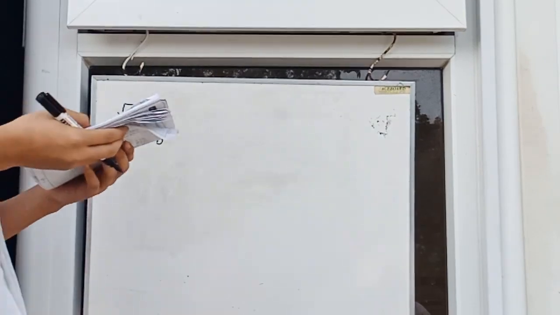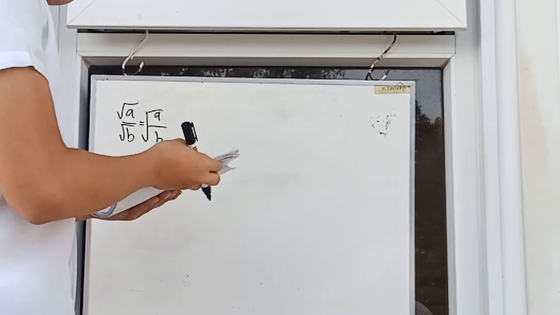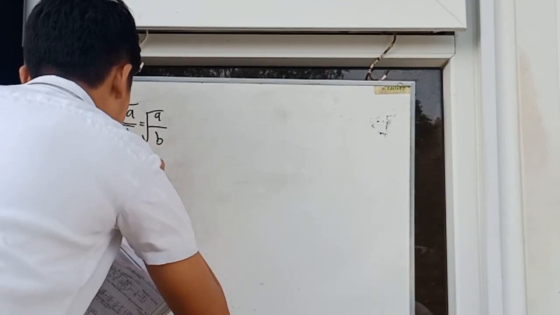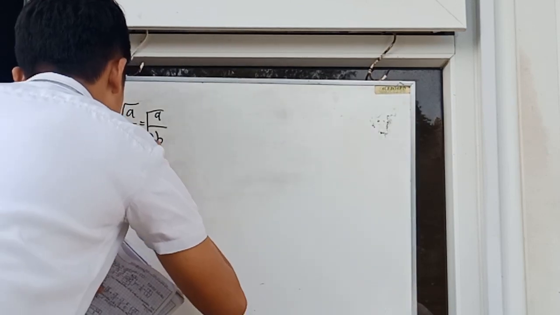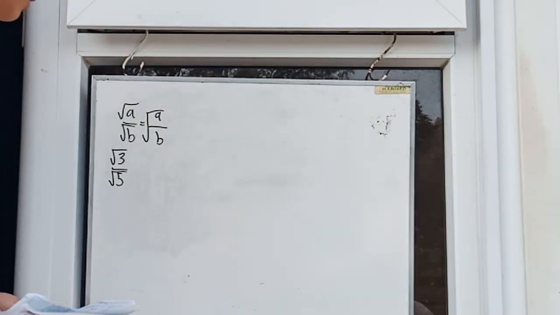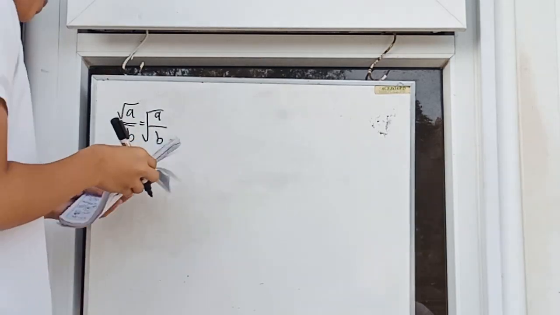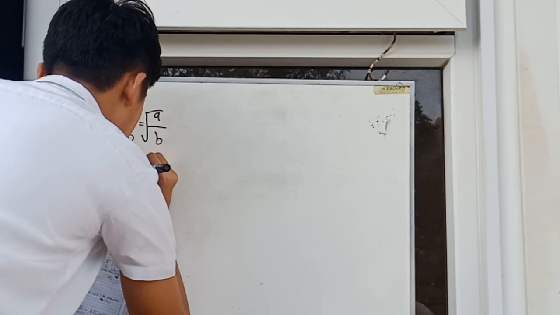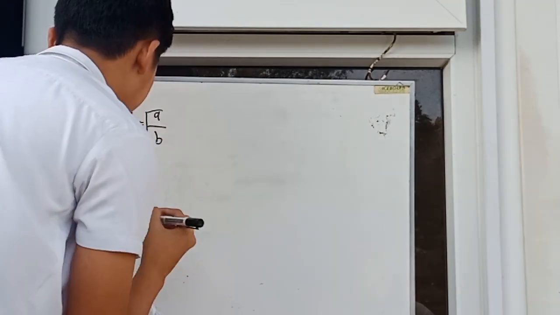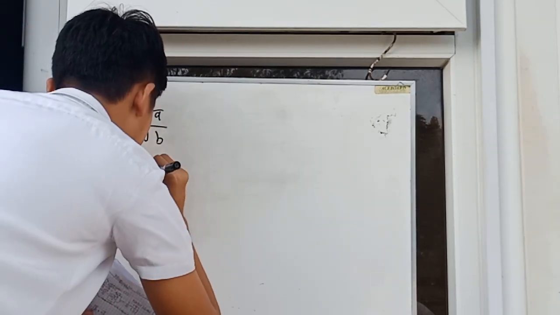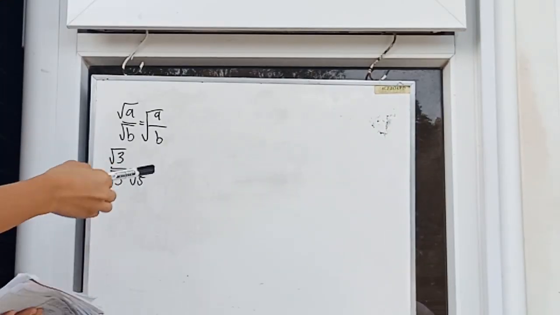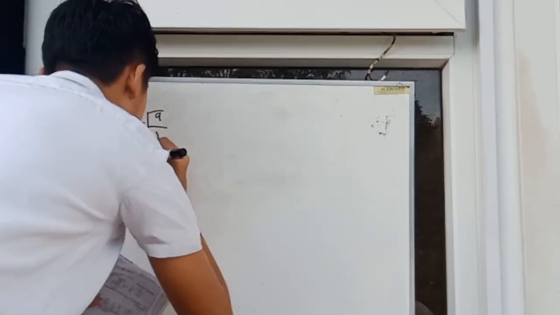So I'm going to give you the proper example again. The square root of 3 over the square root of 5. So you multiply the denominator with its radical, the square root of 5. You also multiply the numerator with the radical.